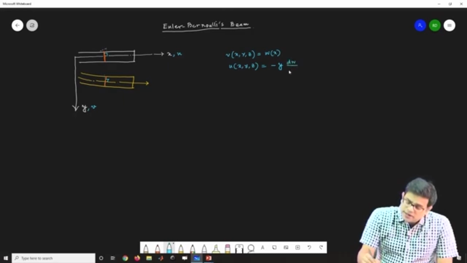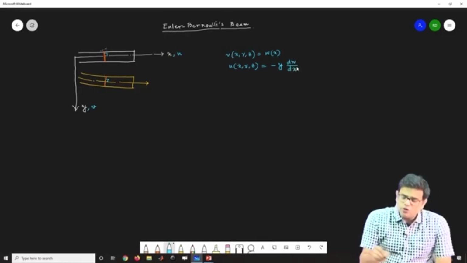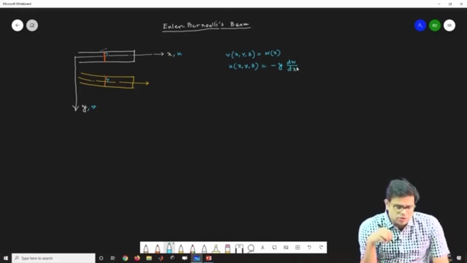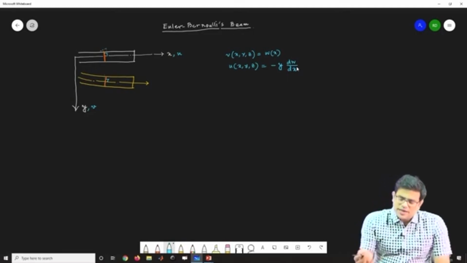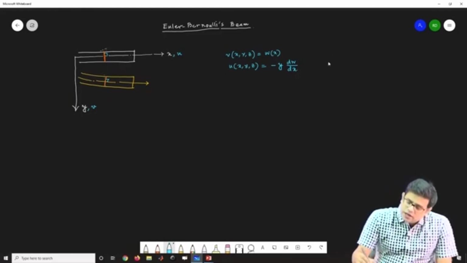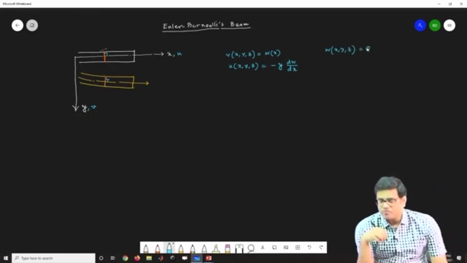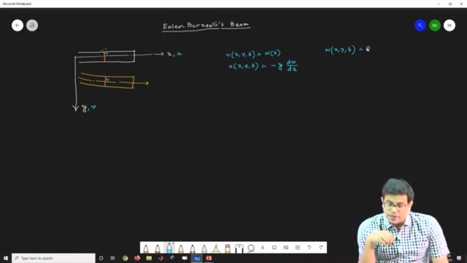If you look from here, at y equals 0 there is no axial deformation, and from there comes the inextensibility of the neutral axis of the beam. This is the basic assumption, and obviously the displacement along the z axis is 0.